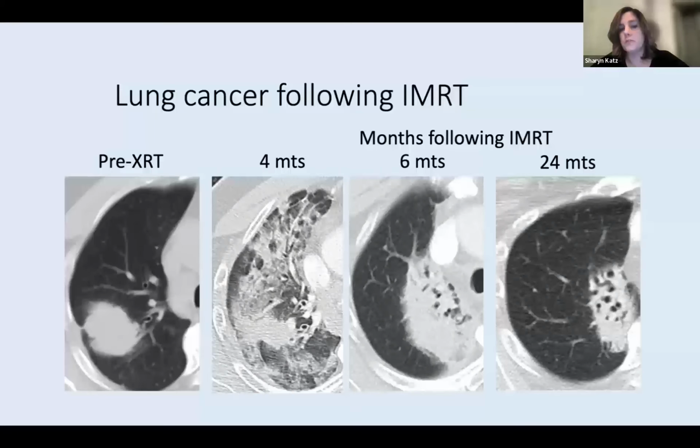The fibrotic tissue, especially once it's mature, tends to be more uniformly enhancing. And you'll see an area of low attenuation within that fibrotic enhancing tissue when you have locally recurrent disease or residual tumor.